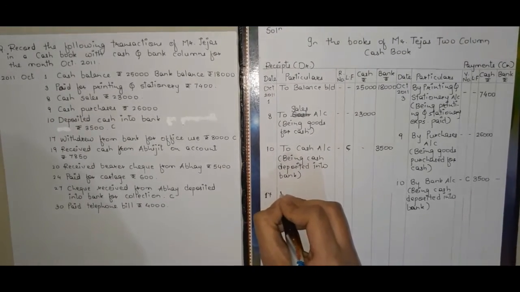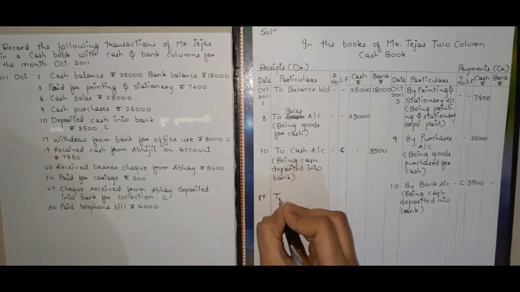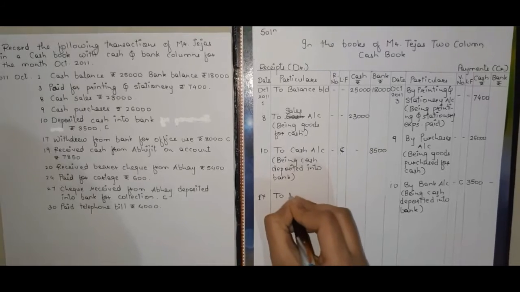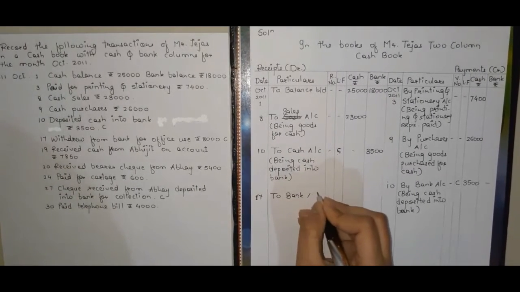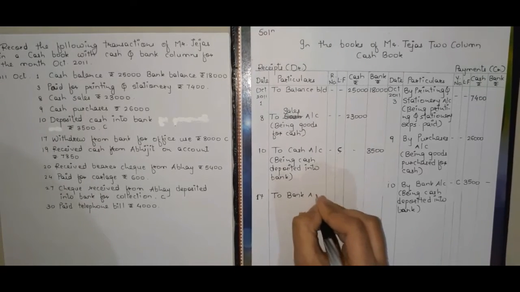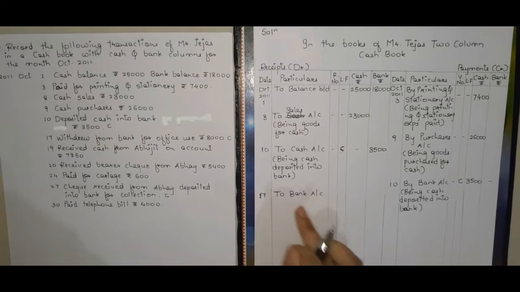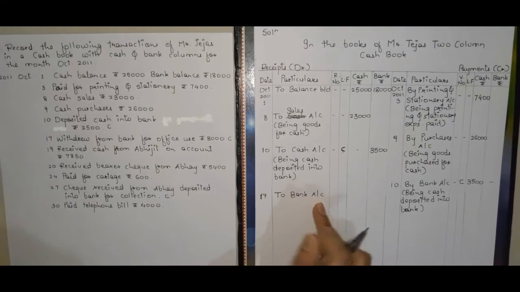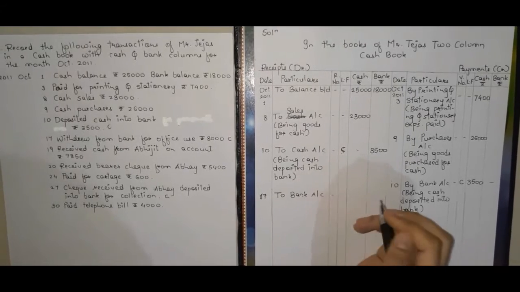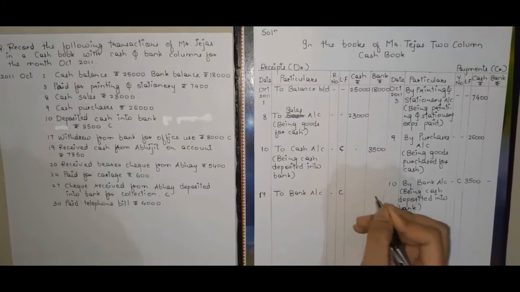Now what account will be affected over here? To bank account, because what is being withdrawn? Cash is being withdrawn. So to bank account. But from where have we withdrawn that amount? From bank. So the bank account will be reflected over here. Dash in receipt number. Since this is a contra entry, so letter C.